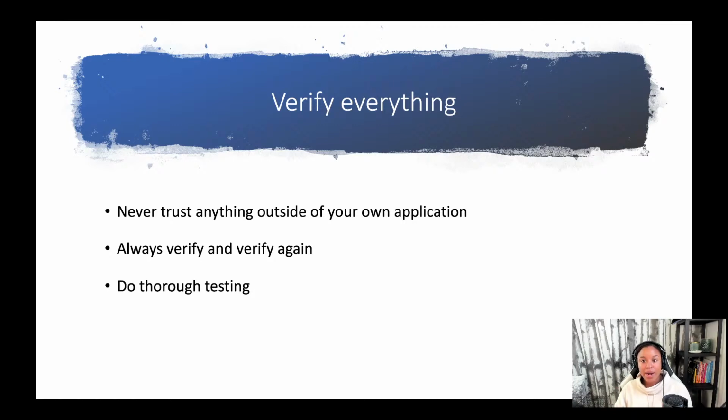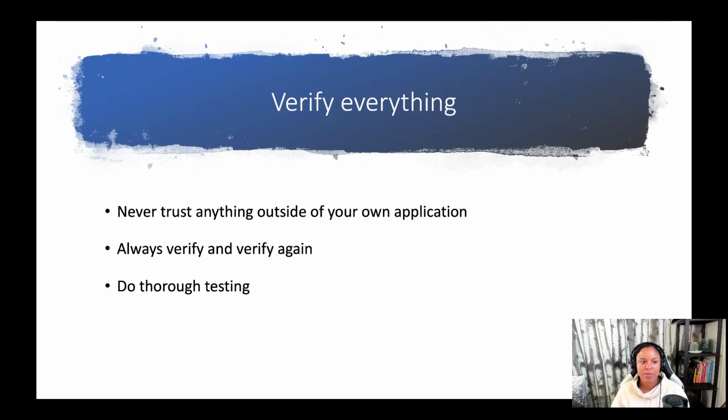All right, so next up, tip 8 is really all about verifying everything. I think that this is just probably a good tip in life, I would say, but never trust anything outside of your own application.